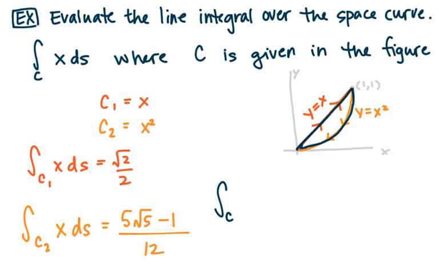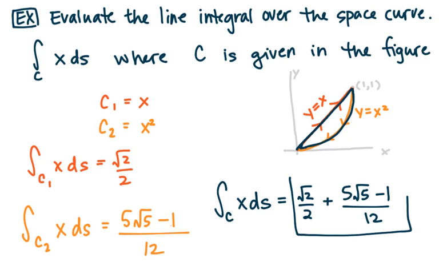The line integral across all of c for x ds is equal to root 2 over 2 plus 5 root 5 minus 1 over 12. And so that's our final answer here.